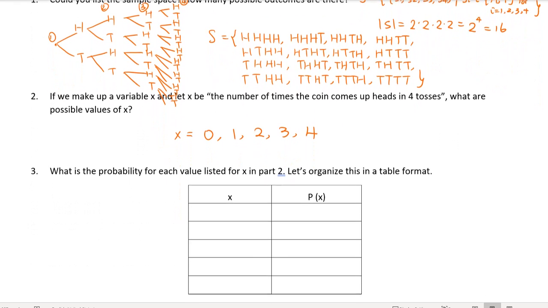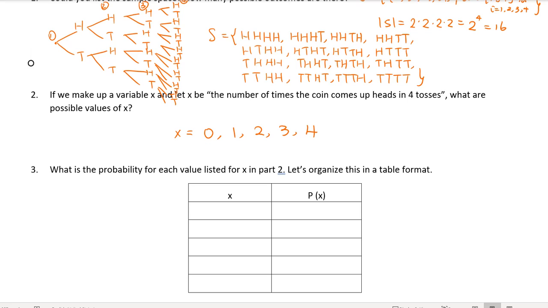Okay, question 3. What is the probability of each value listed for x in part 2? Let's organize in a table format. Okay, so 0, 1, 2, 3, 4. Probability x equals 0: well, it means we have no heads, which means all of them are tails.